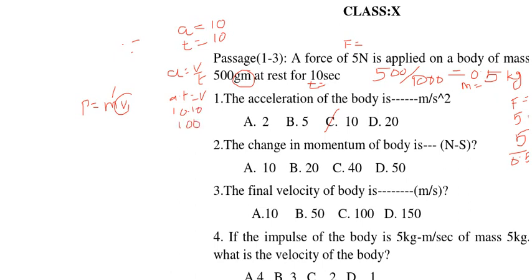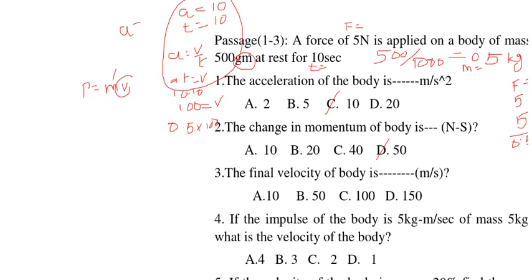So my v value is 100. Then the m value is 0.5, and 0.5 into 100 is 50. The change in momentum is 50, which is the correct answer. This part is important in the question. That is called IIT.